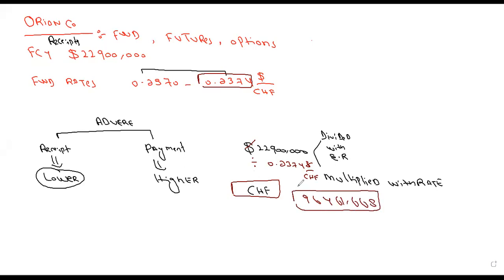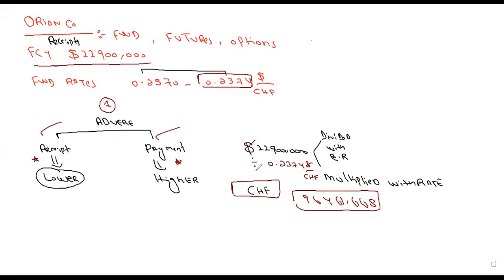Now again, I am explaining how you decide which rate to use and why. First, you have to consider yourself in the adverse position. Adverse position means if you are solving a receipt question, the receipt should be lower. If you are solving a payment question, the payment should be higher. We decided we are solving a receipt question because this was the foreign currency receipts.